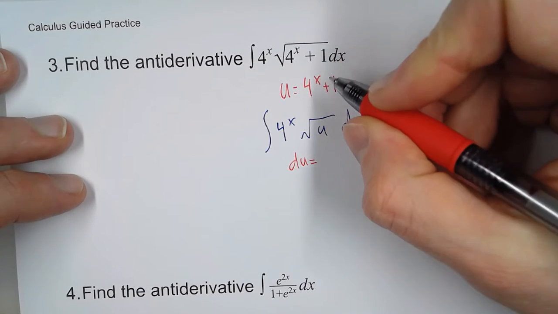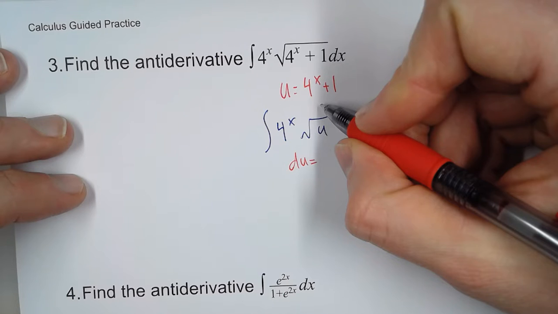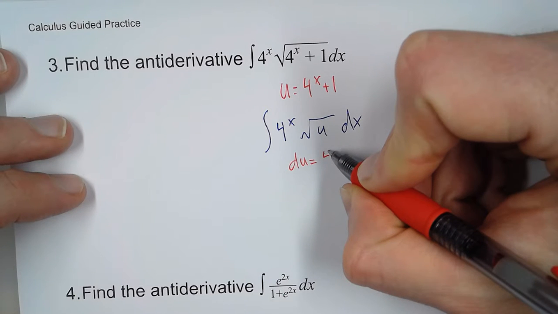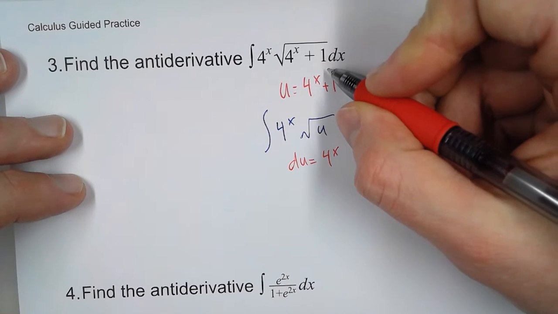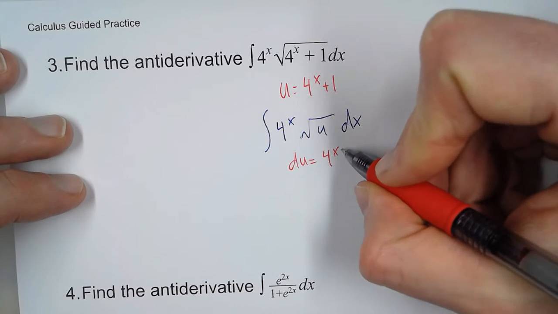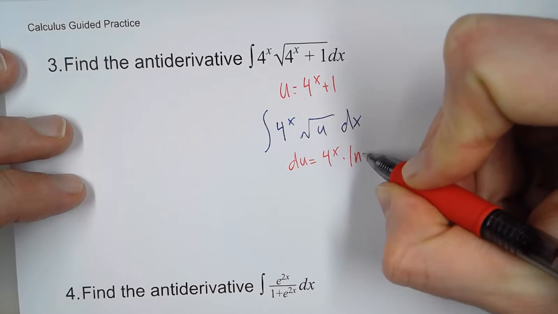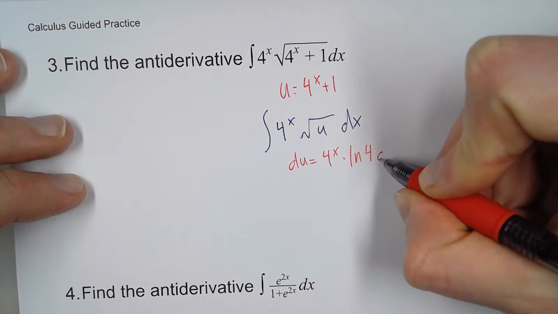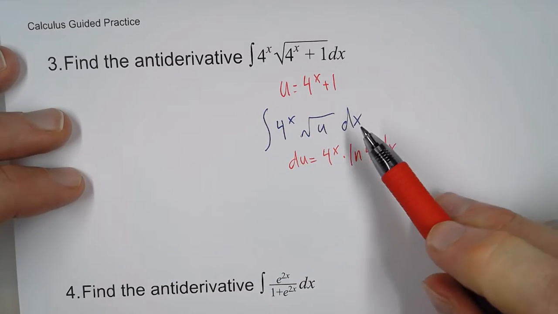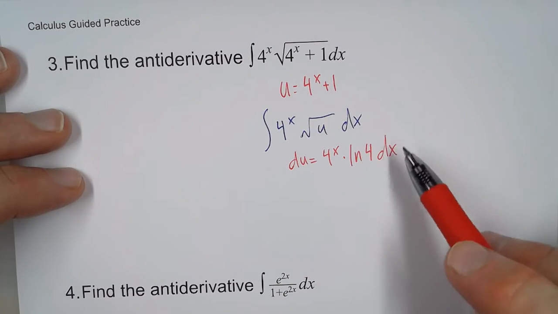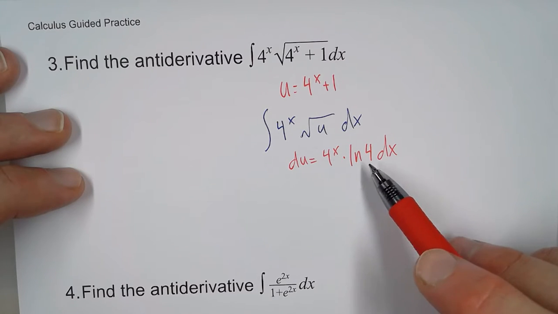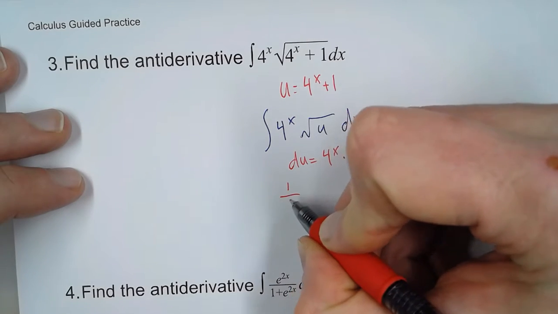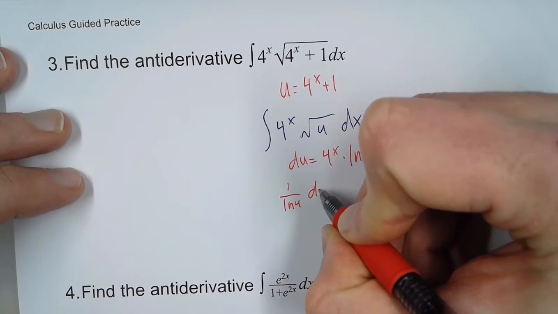Now 4 to the x works a lot like e to the x, with one exception. Just like e to the x, its derivative is e to the x, so is 4 to the x, but we multiply that by ln of the base number, ln of 4 dx. Now we have the 4 to the x, we have the dx, but we don't have the ln of 4. So to make this work, we're going to divide 1 over ln of 4 to the other side.